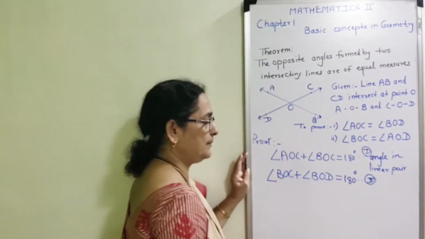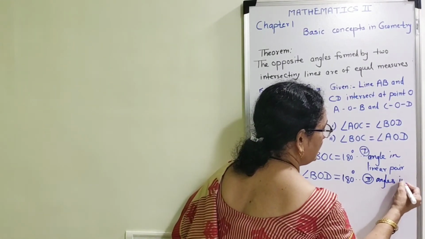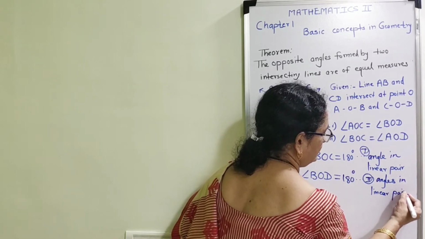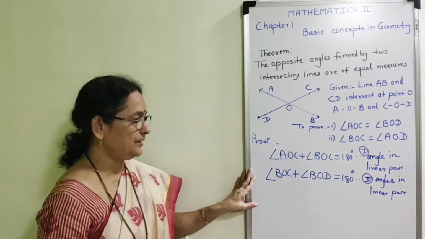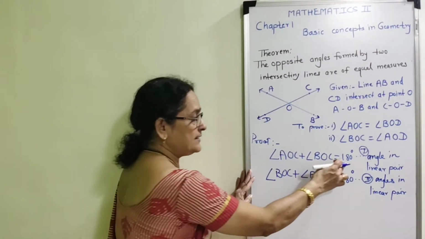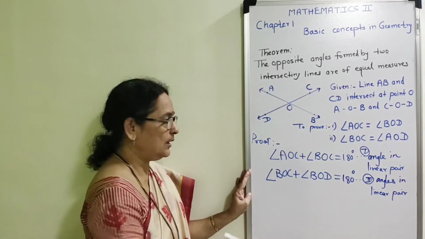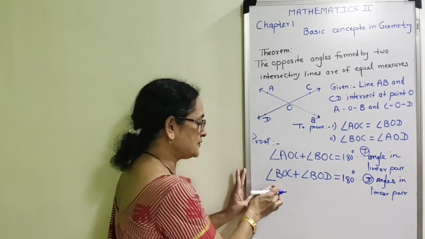This is my statement number 2. Again, the same reason: angles in a linear pair. Now observe the two expressions, statement 1 and 2. The right-hand side of both expressions is 180 degrees, which is equal. Therefore, there is equality between the left-hand sides also.